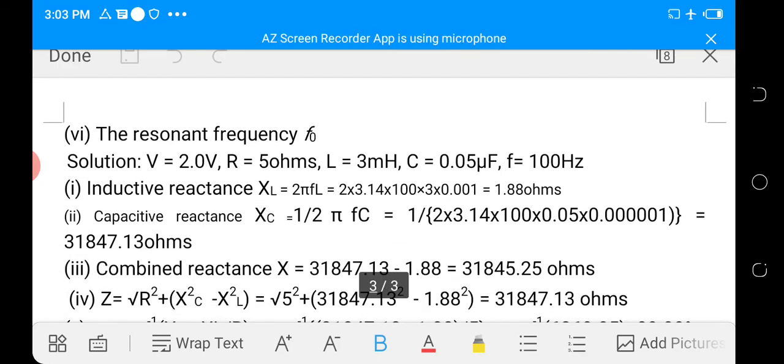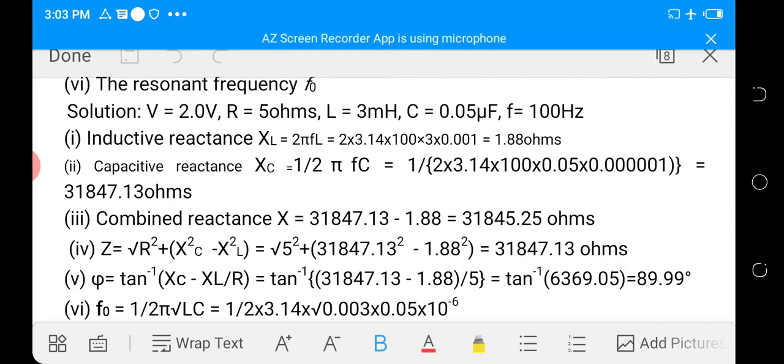Solution. From the question we can see that V is equal to 2.0 volts, R is equal to 5 ohms, L is equal to 3 millihenry, C is equal to 0.05 microfarad, and f is equal to 100 Hz.